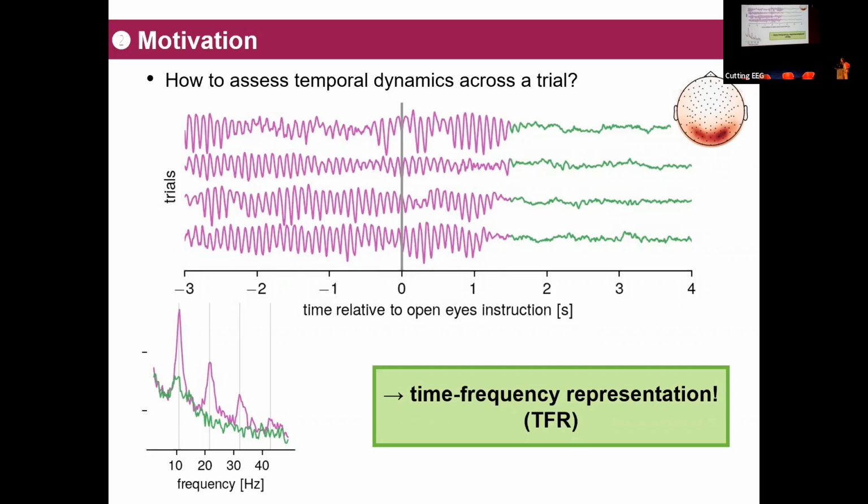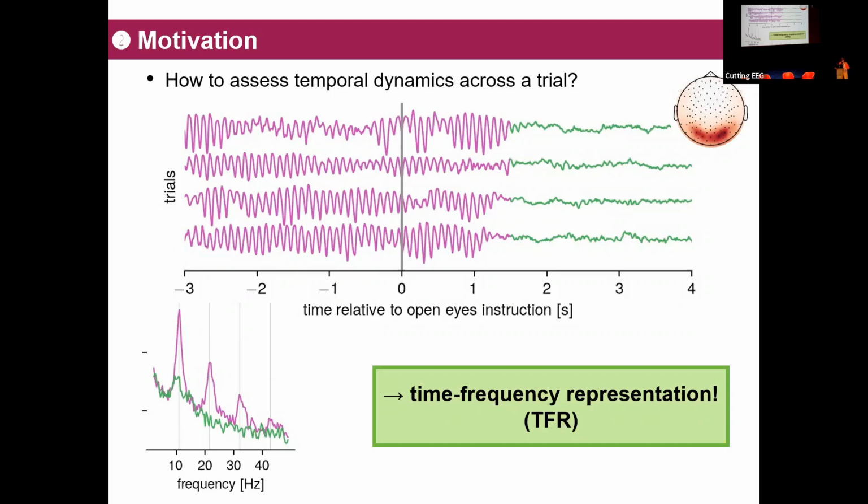So you could, for instance, compute the power spectrum for this part and for this part, and you would arrive here and you can then quantify the differences. But often you are interested in capturing how fast the temporal dynamics change. So that's why you need to preserve the time. And that you can do with a time frequency representation.